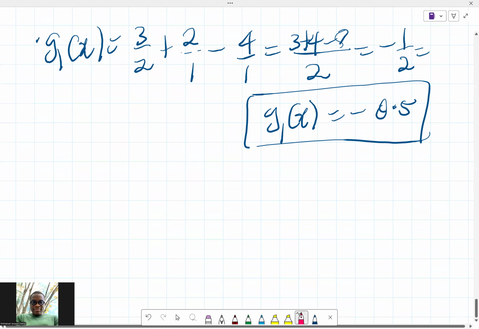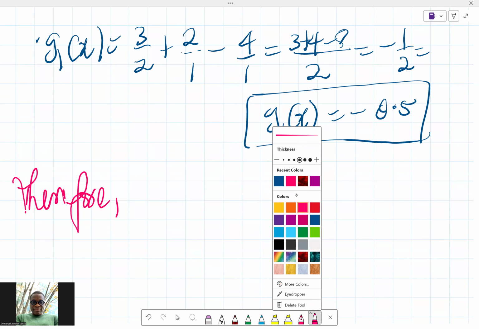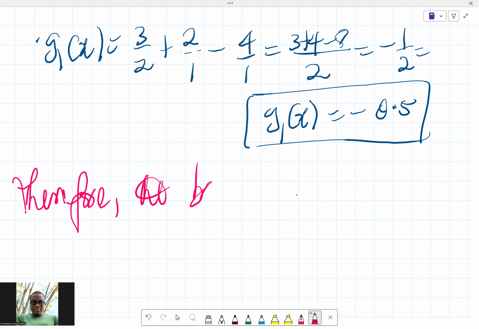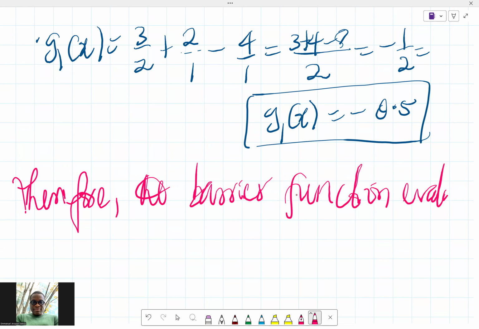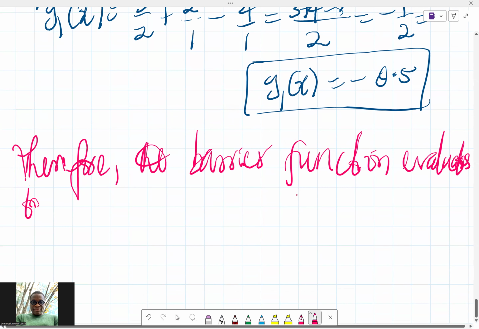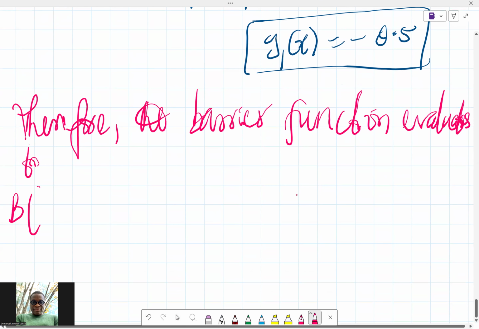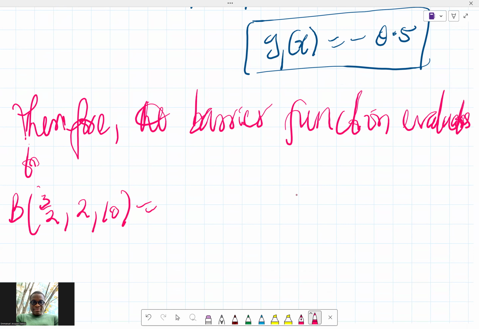So we can then do the barrier. Therefore, the barrier function evaluates to b of (3 over 2, 2), 10 equals f of x is 1.25.